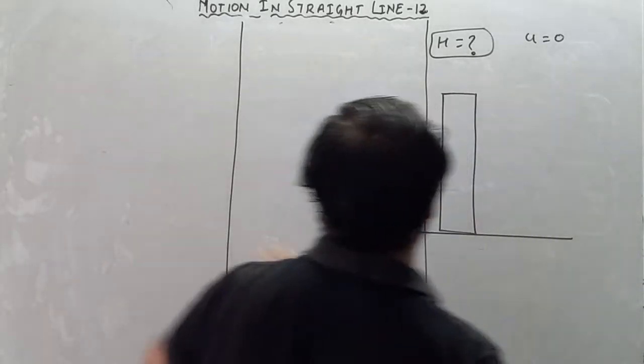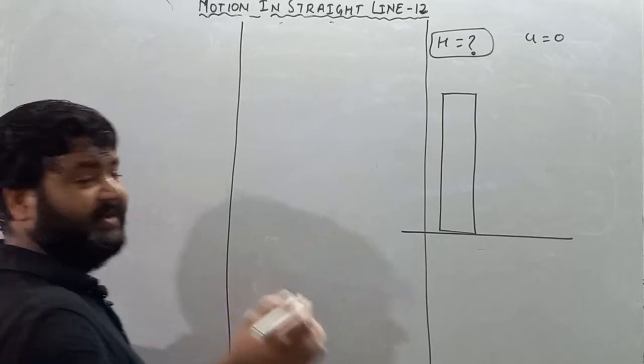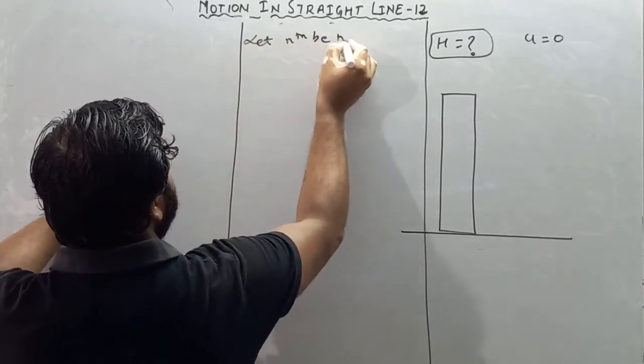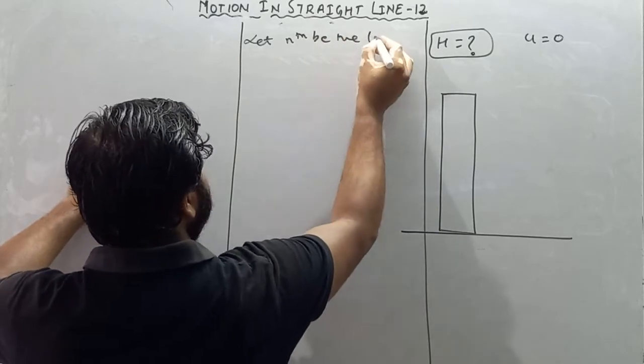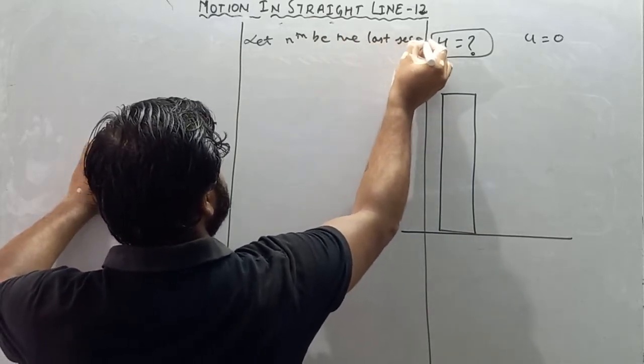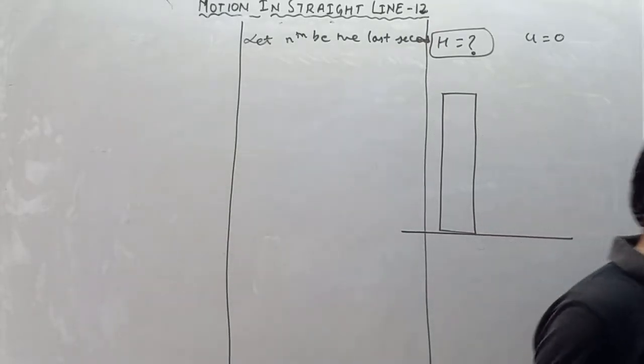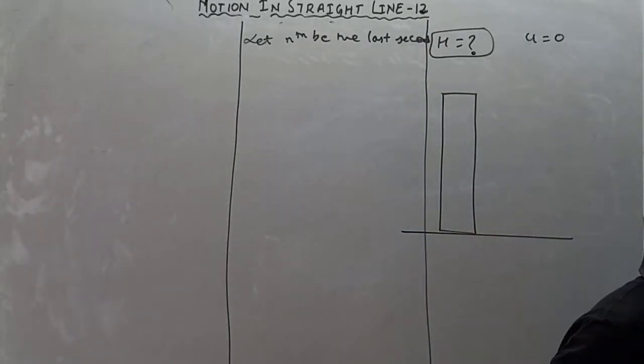Let's suppose they are not giving the value of the last second, so let n-th be the last second. They are saying that before it reaches the ground at the foot of the cliff, you have to find the height of the cliff first. So try to find the height of the cliff.